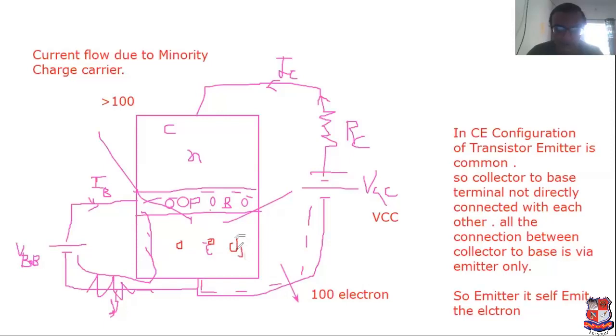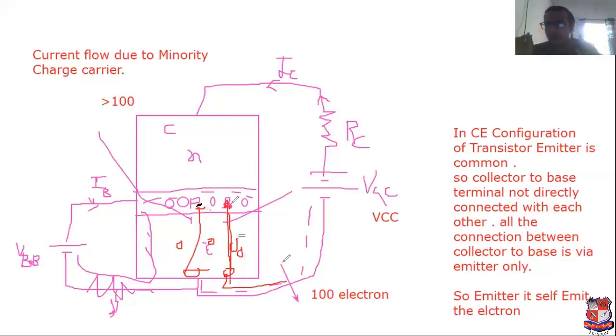It is known as minority charge carriers. See this hole. Now a hole and an electron can combine with each other. Remember that in reverse bias, leakage current can flow. And this electron can be attracted towards this hole.